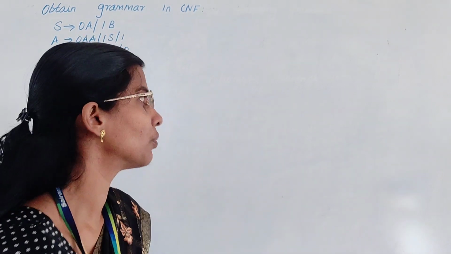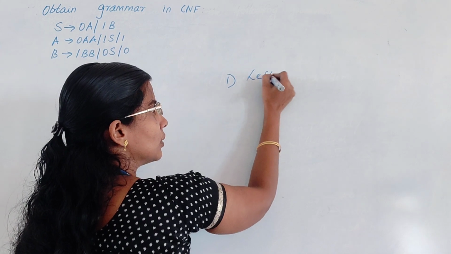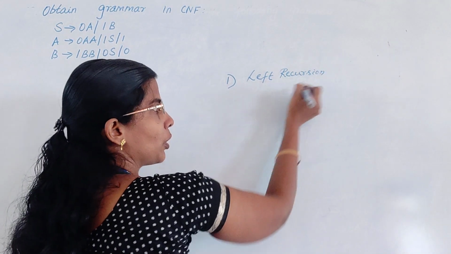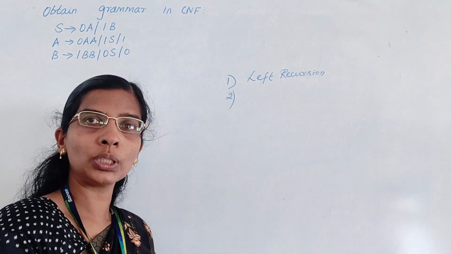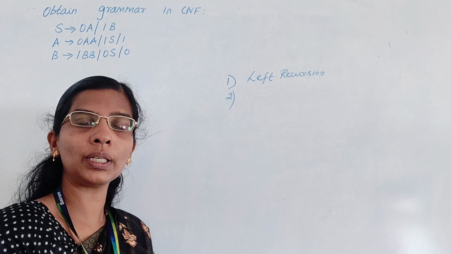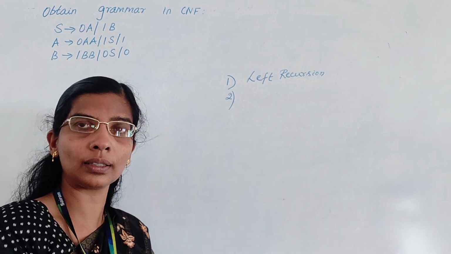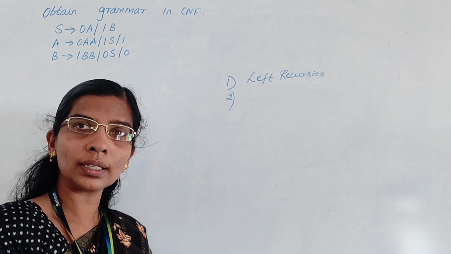So what are the steps? First, you have to eliminate left recursion. You should keep these points in your mind and not forget. Whenever you get a question like put the grammar in CNF, you have to check whether the grammar has left recursion. If it has left recursion, you have to eliminate it. You will get an answer, right?